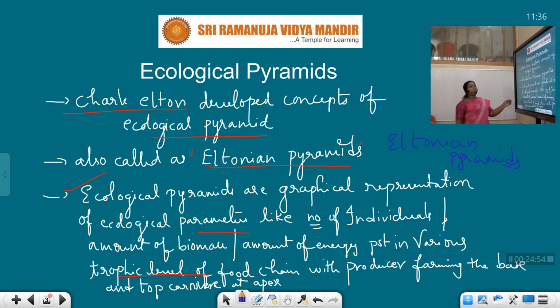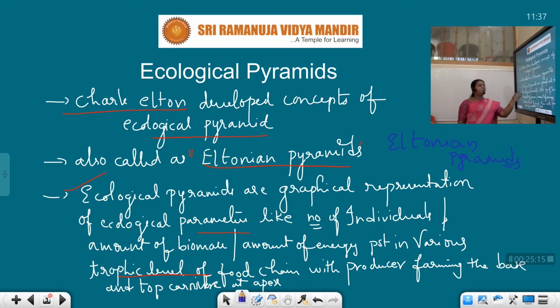Okay. Ecological pyramids are graphical representations of ecological parameters like number of individuals, amount of biomass, or amount of energy present in various trophic levels of the food chain, with the producer forming the base as well as the carnivores at the apex of the pyramid.